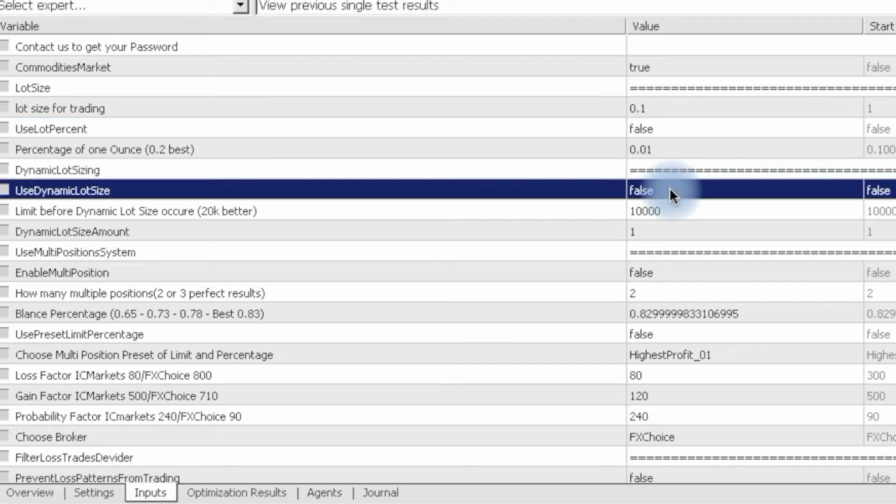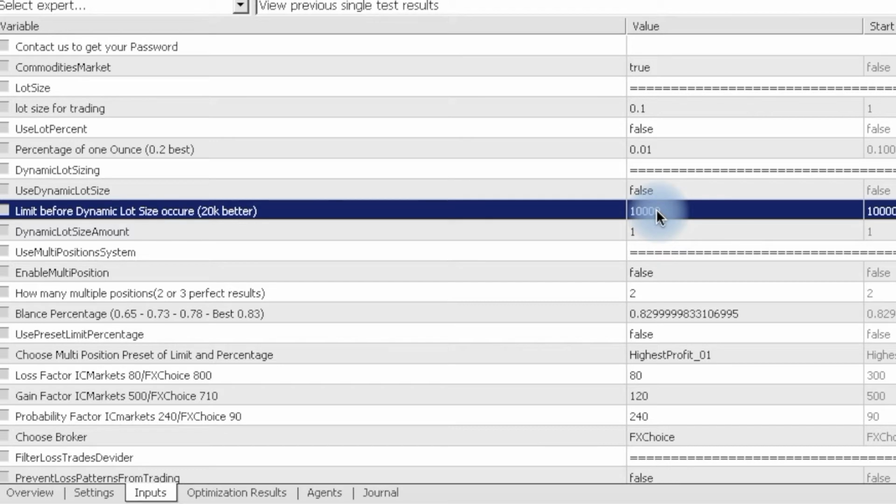Next, which is use dynamic lot size. Now, this is a bit similar to the one before, but it's a bit different as well. If I enable the use dynamic lot size, I have another option here that differentiates this option from the one before.